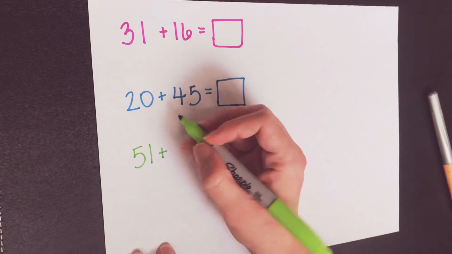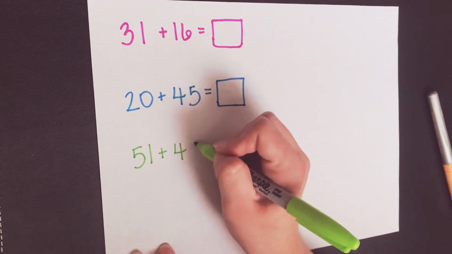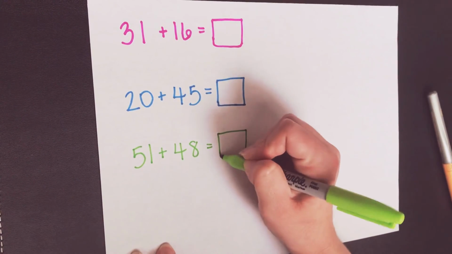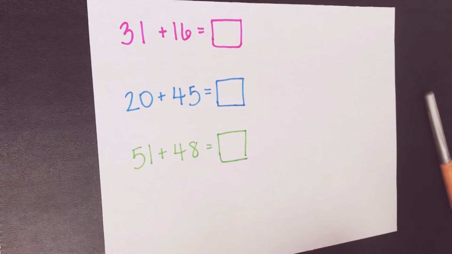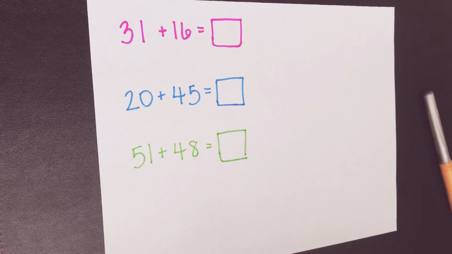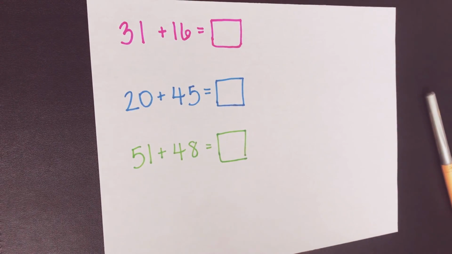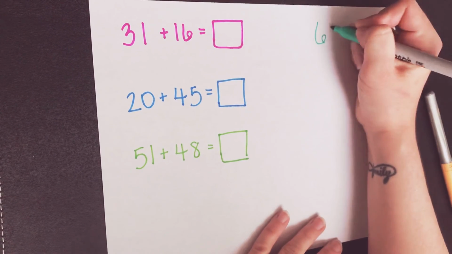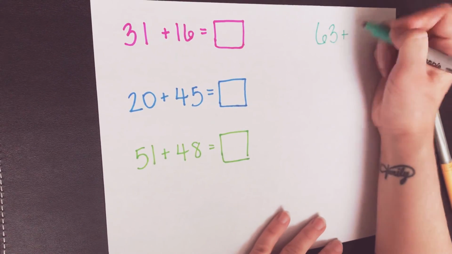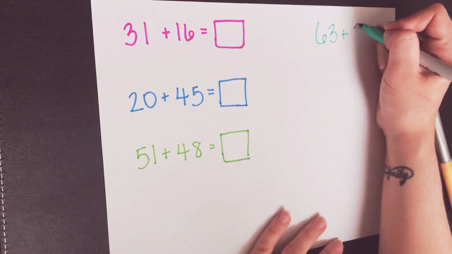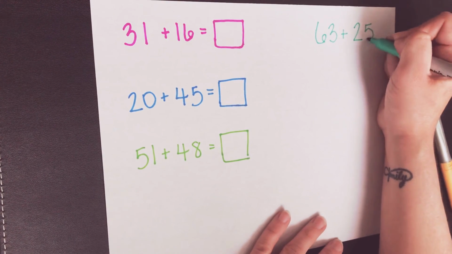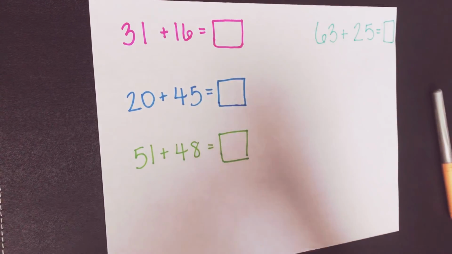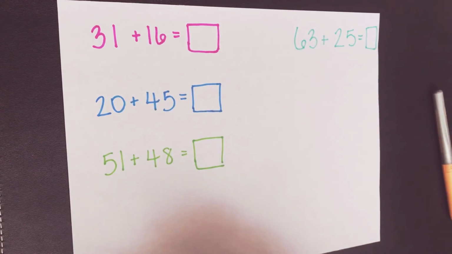We could do 51 plus 48. Maybe we could do, let's see. Oops, that's a small box. My bad. 63 plus 25.